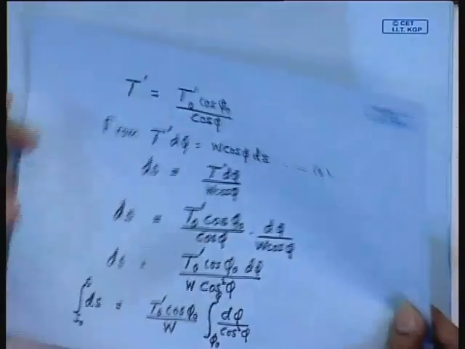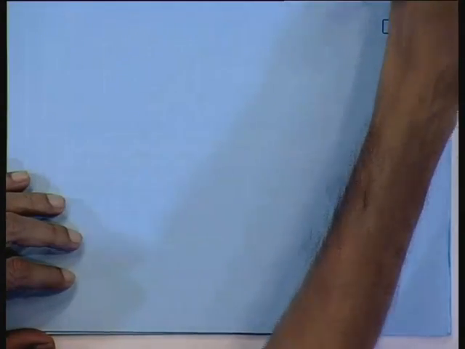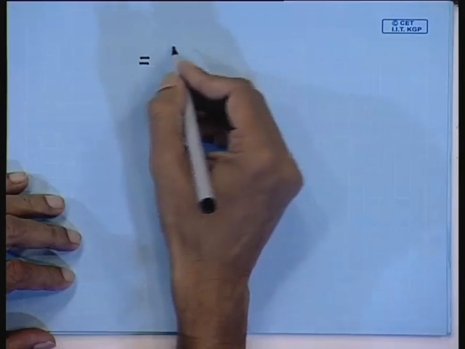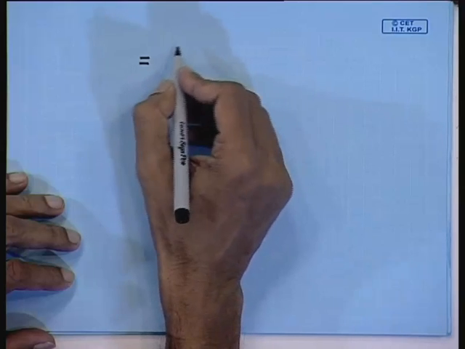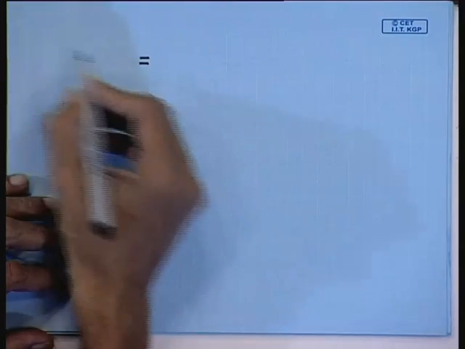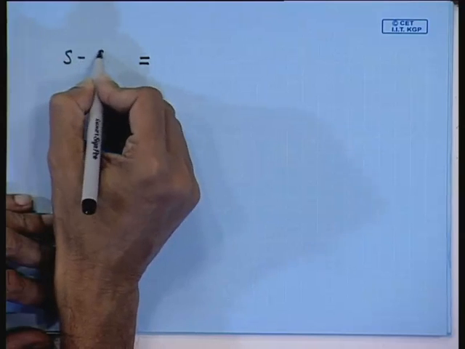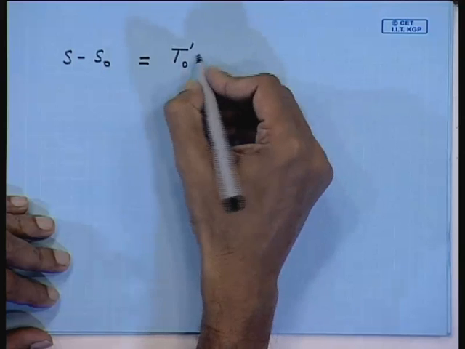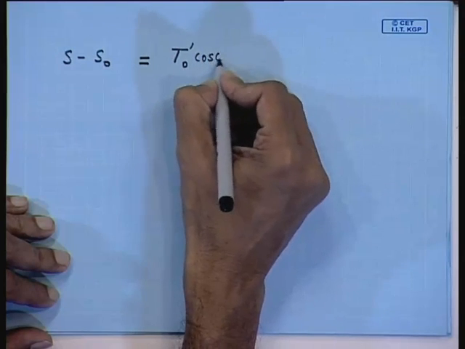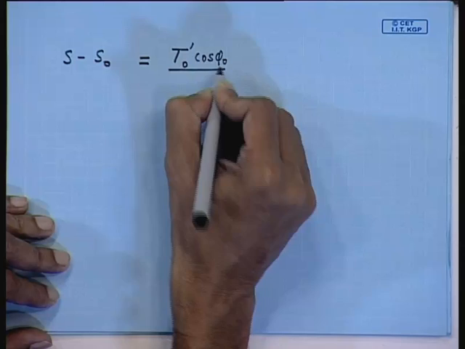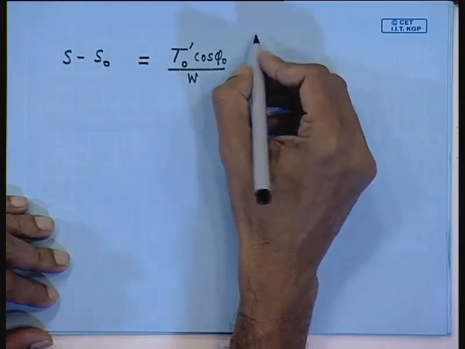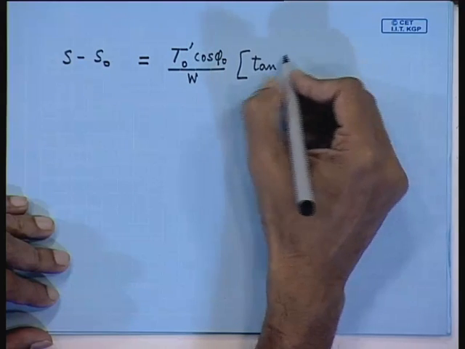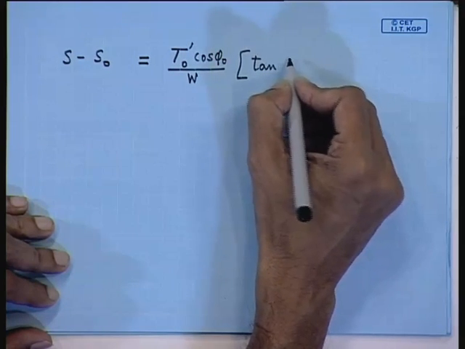Now if you integrate, you check your integration terms. What is the expression for integration of sec squared phi? So this will be S minus S naught, and on the right hand side you will get tan phi. Those of you, just check any book on integration and differentiation, you will get this.